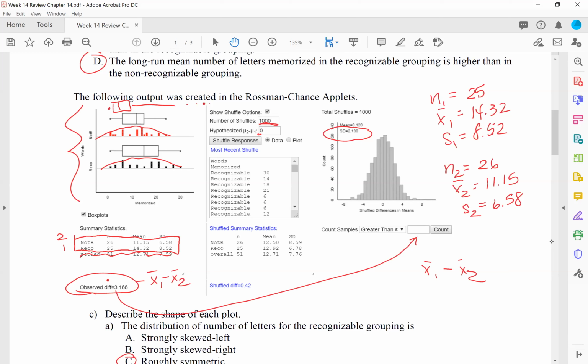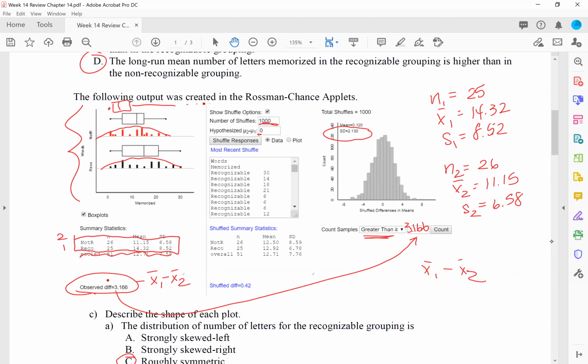Yep, so we're going to put this value right here. What direction do we want to count here? Greater than? Yeah, and that's based on what? Based on the idea of the alternative hypothesis, that it'll be greater when they have numbers in a sequence like FBI or CIA.